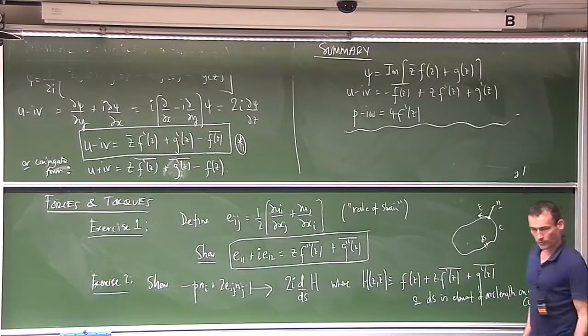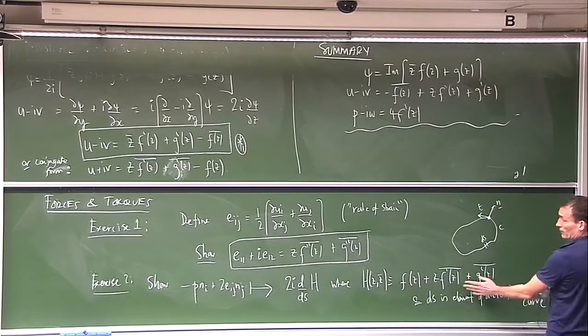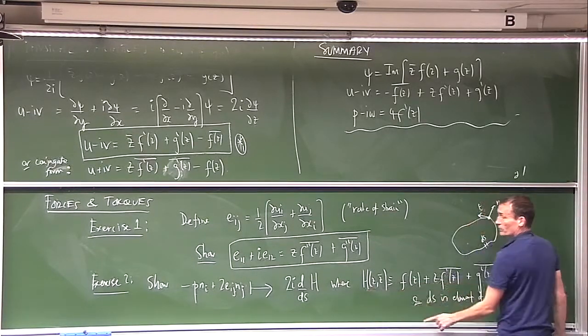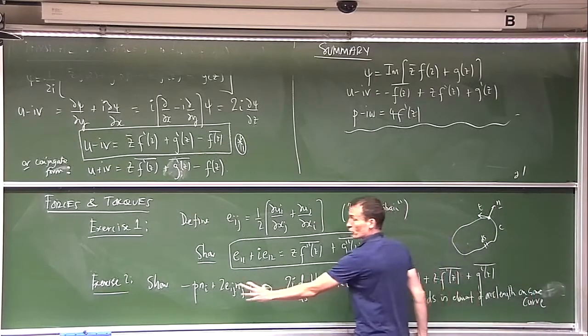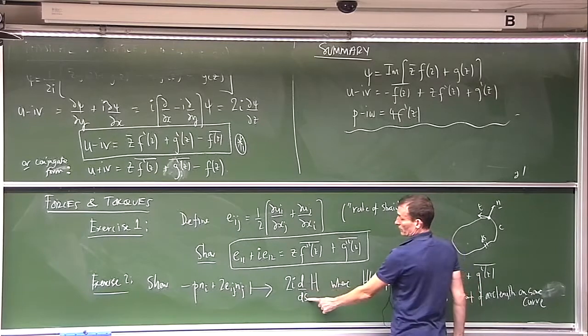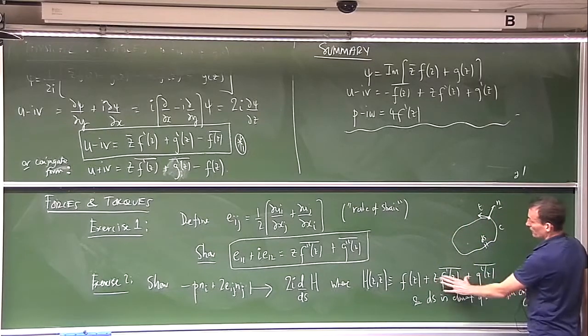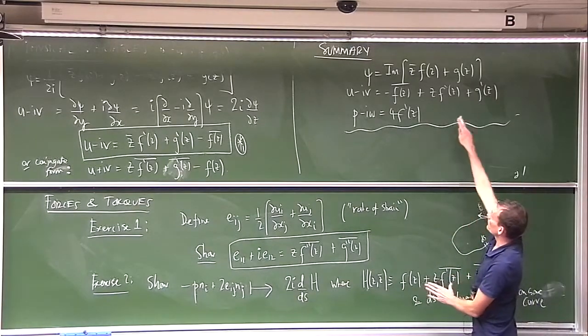I always find this quite interesting. Because look, this function h turns out to be very important here. The stress on the boundary is just a total s derivative, an arc length derivative of this function h, and h looks very similar to the velocity field.